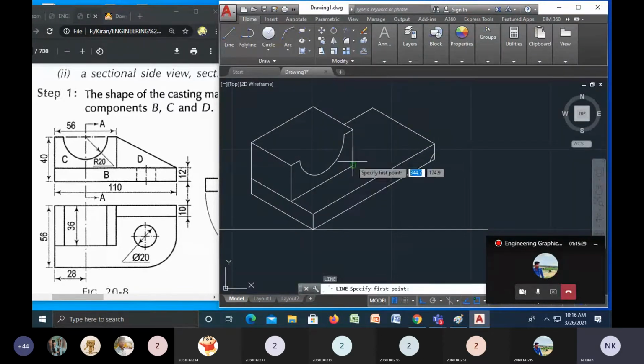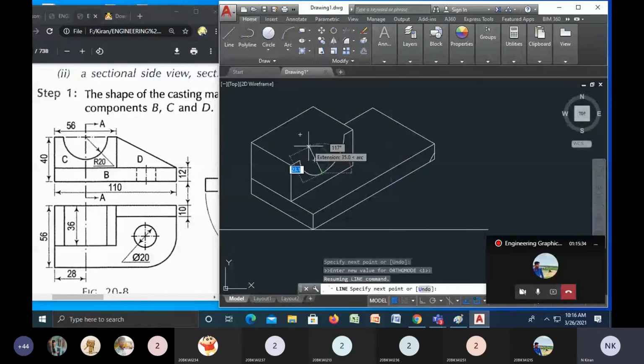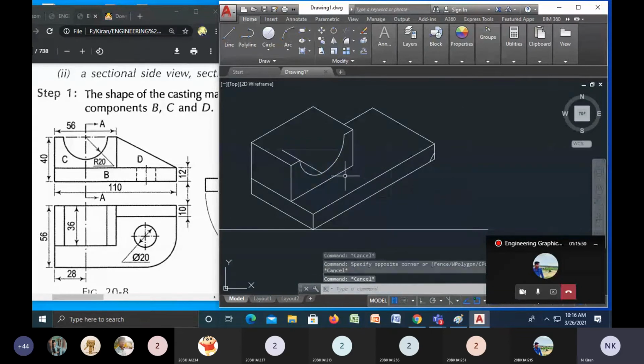Now I will press L enter from this midpoint, from this base point, at the angle 30 degrees. Shift at the rate, and what is the angle? What is the 36? I think this is your 36. Okay, 36 and angle 150. Okay. Now I will move this one and I will paste there.